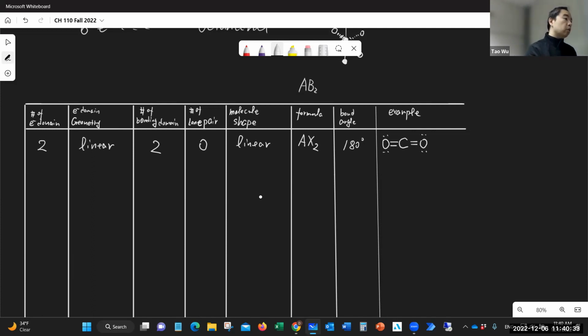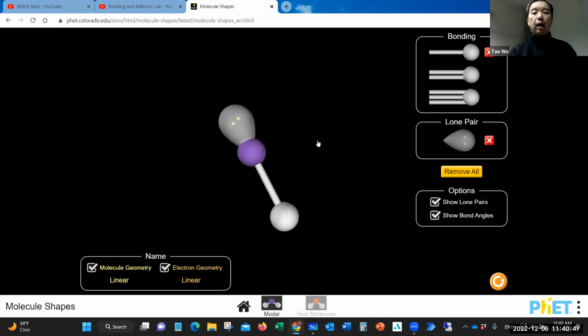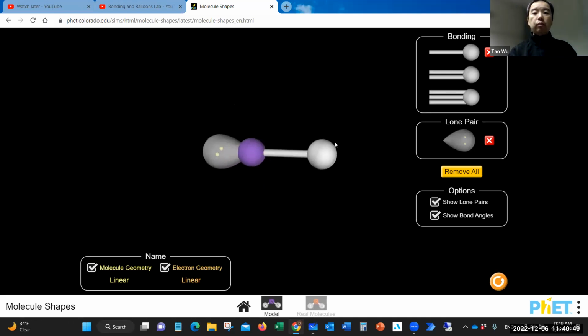Well, we're not going to talk in detail about what happens if we have one bonding domain and 1 lone pair. This is exactly the same thing. So if we have just 1 bond and 1 lone pair, the shape is still linear, right?